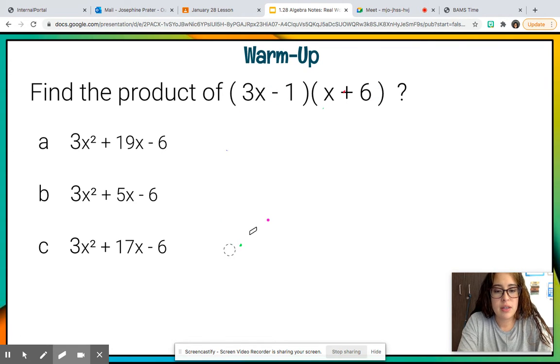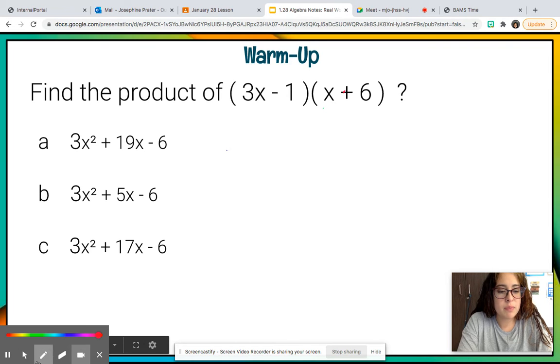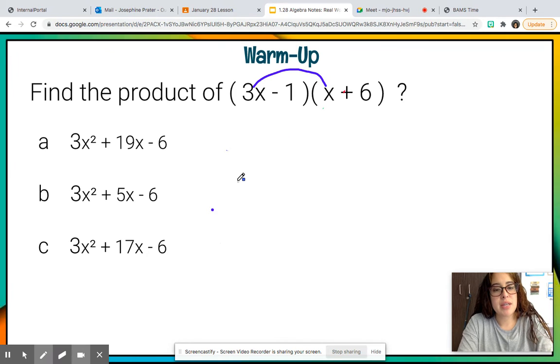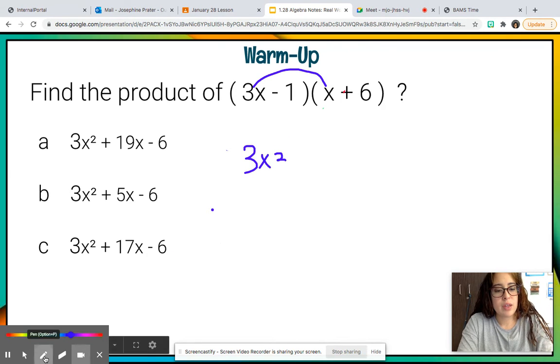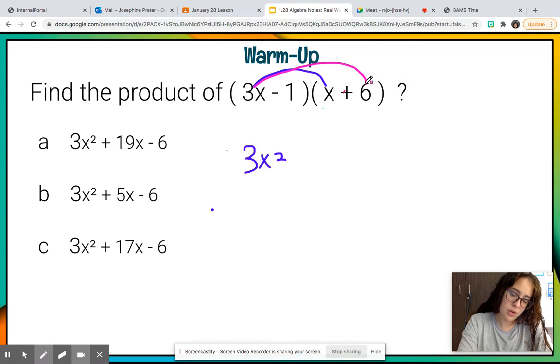Then what we could do is simply multiply by distribution. So 3x times x is 3x squared. And then we would do the next term. We would do the same term, distribute it to the other term. 3x times 6 is 18x.